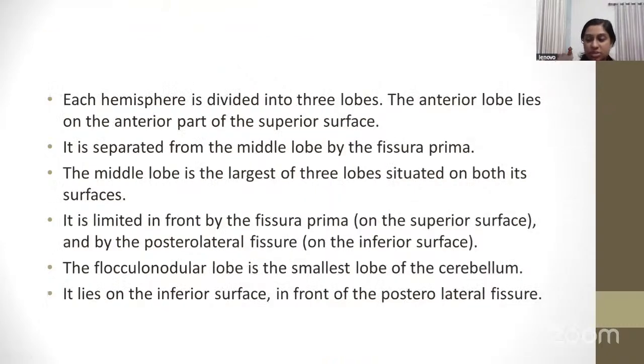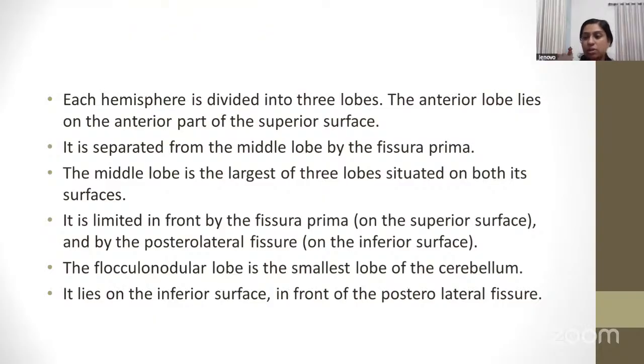Each hemisphere is again divided into three lobes. Mainly two lobes: the corpus cerebelli, which is the main lobe, and one separate lobe called the flocculonodular lobe. The corpus cerebelli is again divided into an anterior lobe and a posterior lobe.